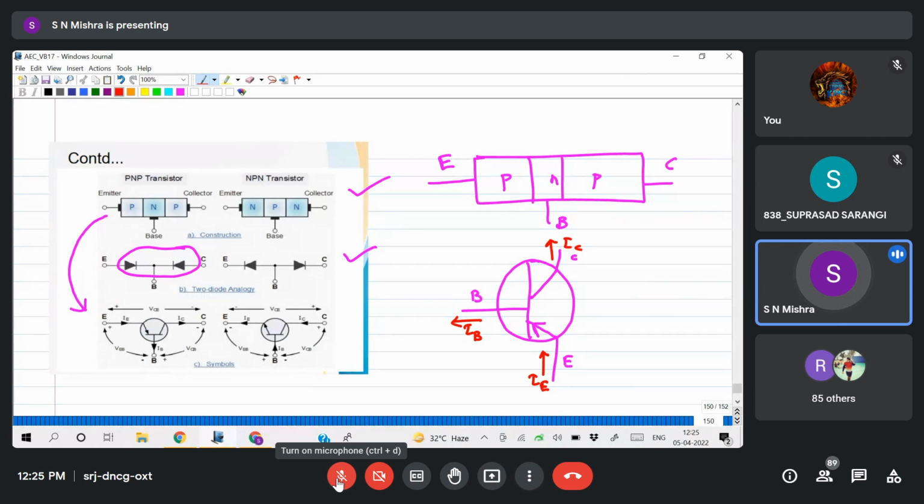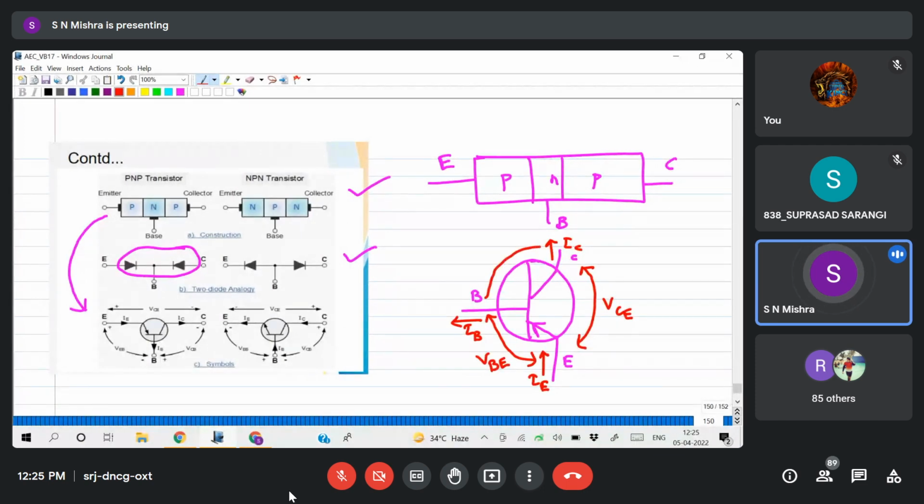Now we will understand the terminal voltages. Between collector and emitter, I can name it VCE, the collector emitter voltage. The voltage between base and emitter is VBE, the base emitter voltage.